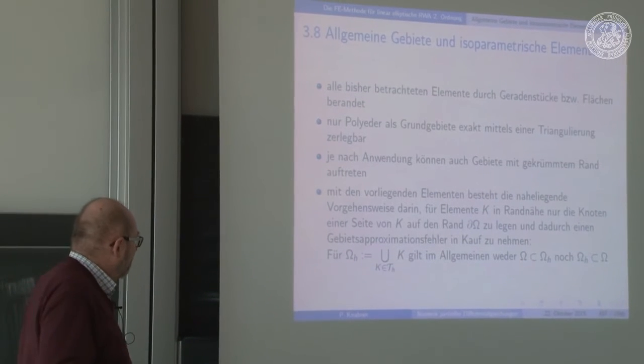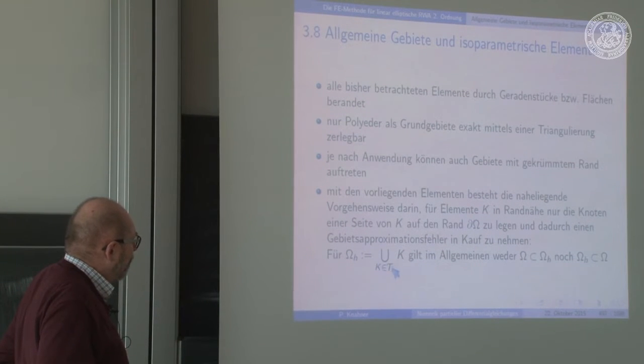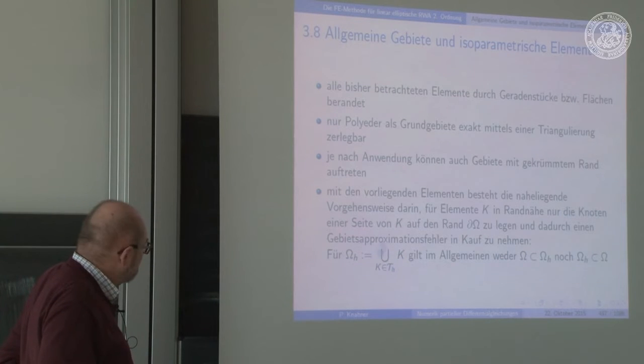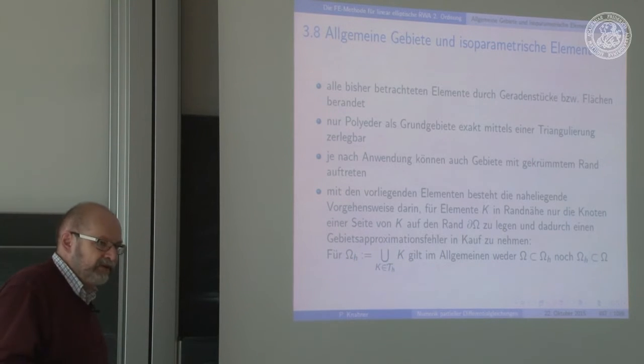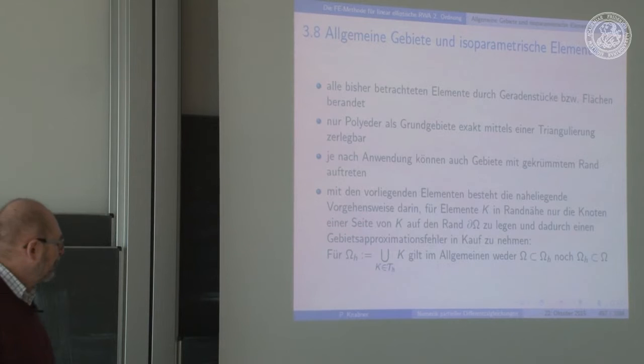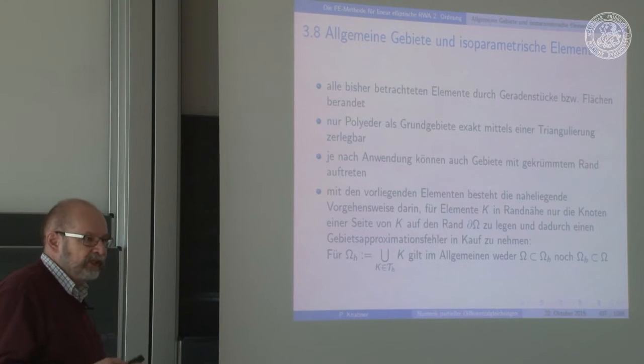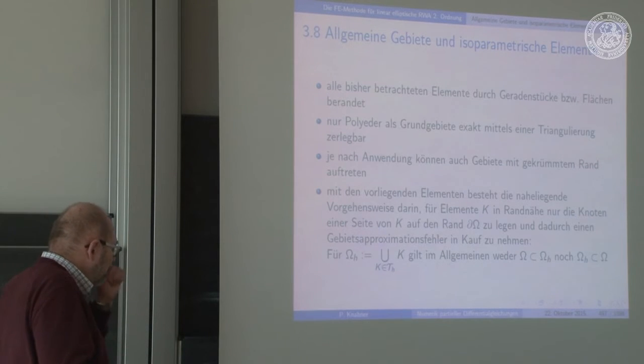Then we have a domain omega_h, which is just the union of the elements. Up till now, by the assumption of a polygonal bounded domain, we always had omega_h equals omega. That was one condition for a conformal triangulation also. Now these two domains do not fit together, and in general neither is the one a subset of the other, nor the other way around.